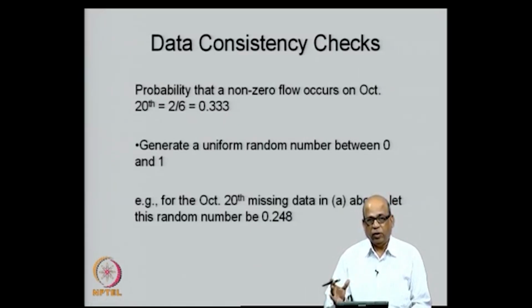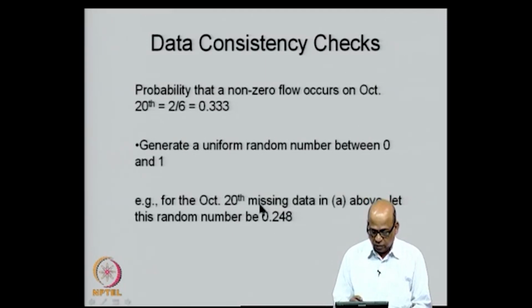Now, this can be interchanged because you are generating a uniformly distributed random number which can be either smaller or higher than this. Just be consistent, that is all. That means, if the random number is less than this probability, I will call it a non-zero flow. If it is more than this number, then I will call it a zero flow. It can be the other way around also.